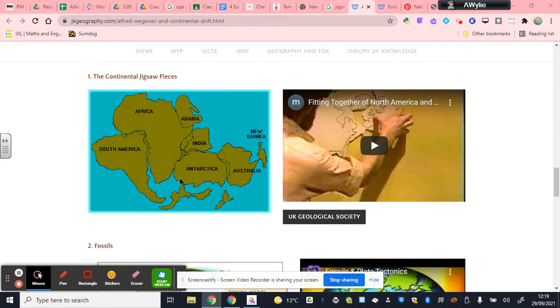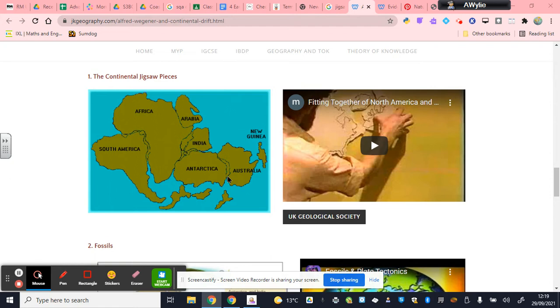Indeed, we can also fit Antarctica into the east coast of Africa, and we can slot India in there as well. Up here, we can see that Arabia joins nicely with the northeastern part of Africa, and that Australia, if rotated around, fits against the coast of Antarctica.